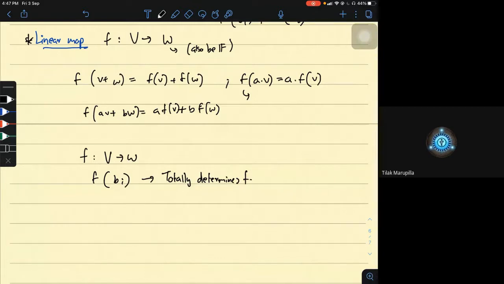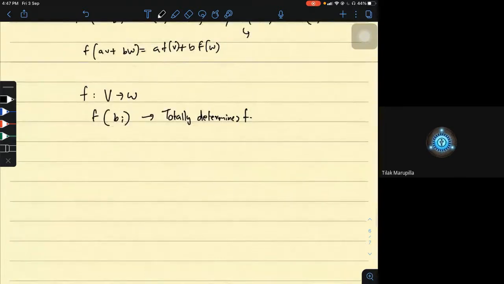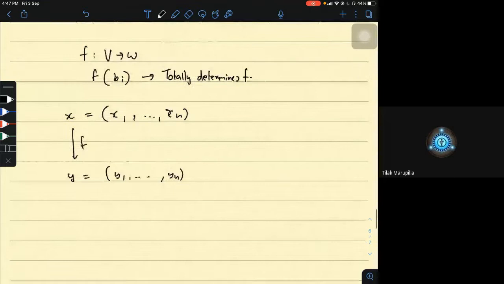So basically, if I have x belonging to the initial vector space V, x1 till xn, and the linear map takes x to y, say y1 till yn, then I can write yi as some linear combination of the initial elements xi, xj over here.